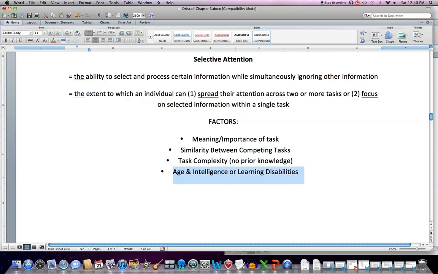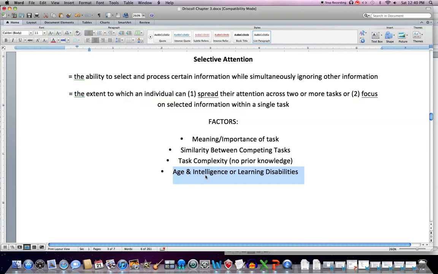Several other things would be something like age. Obviously, very young children have trouble with this. Sometimes older people, but most of us in the young to middle age group tend to be able to do this better. Intelligence is also a factor.